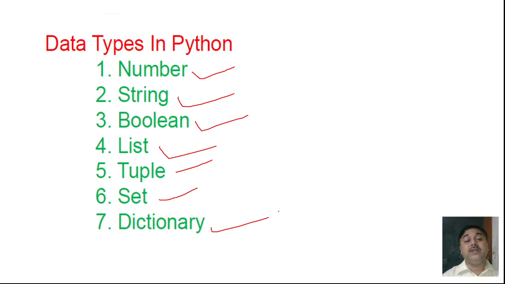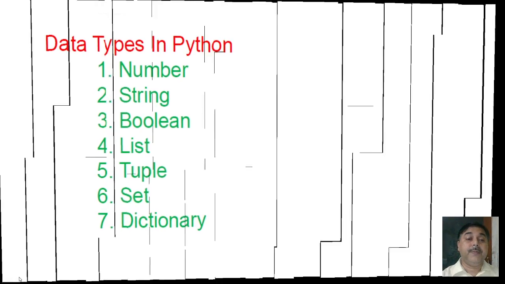Clear? So this is the data type and data structure that we have, and how we are making them, each with its own pattern of data types, and we are making those data structures, isn't it?